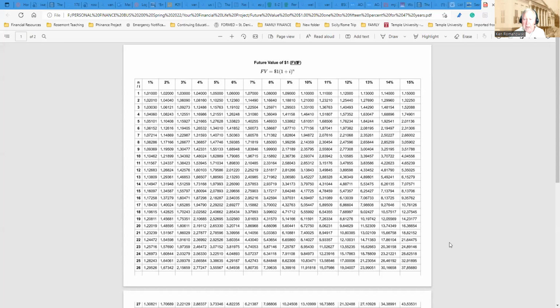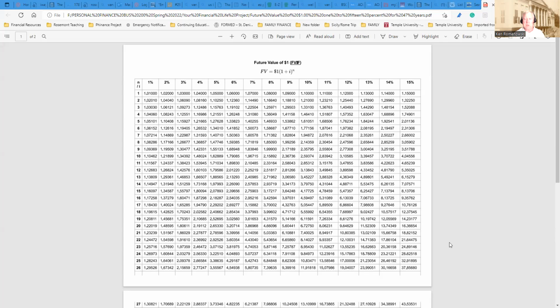So let's take a look. First of all, I want to share this screen with you now. Let's take a look here at a future value table. Now, in the back of your textbook, there are 4 different tables, and you have to be sure that you're using the correct table for our purposes. Since we are only going to go from one number to a number in the future, you want to look for a table that says of $1.